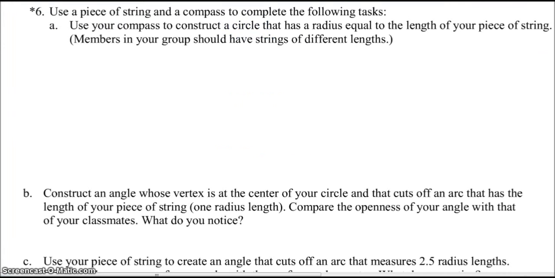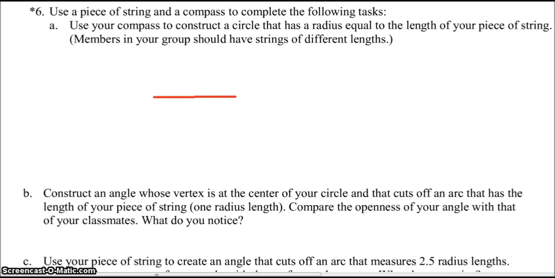Okay. Use a piece of string and a compass to complete the following task. Use your compass to construct a circle that has a radius equal to the length of your piece of string. So, assuming I have a piece of string, which I do not, I can lay out my piece of string here.